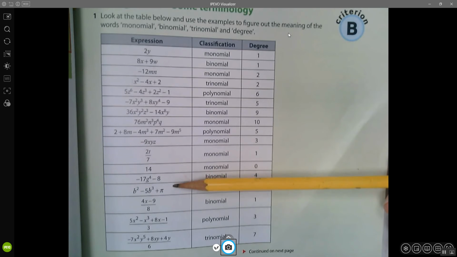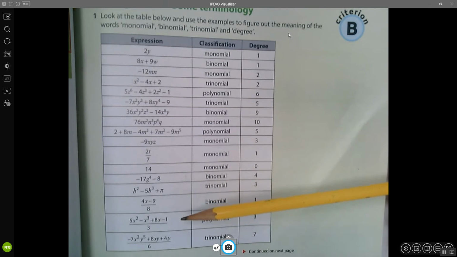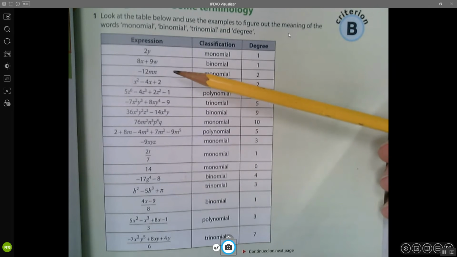What's the coefficient in this one? -12. Good. Does this one have a constant term? No, it doesn't, because there's no number by itself.